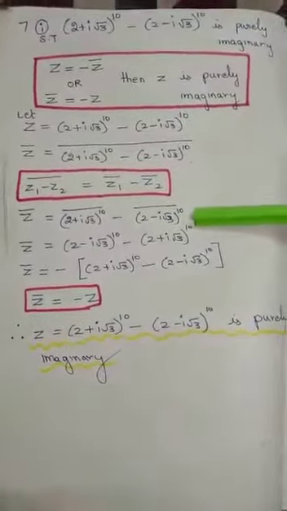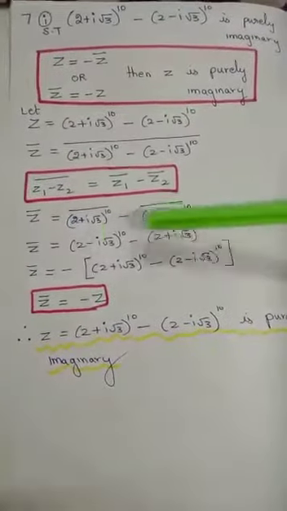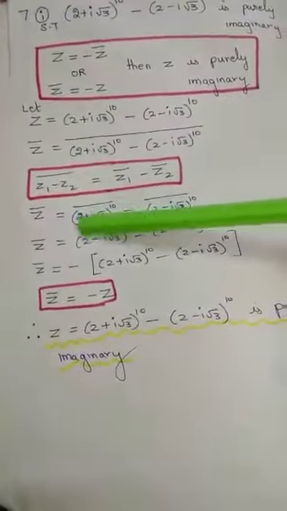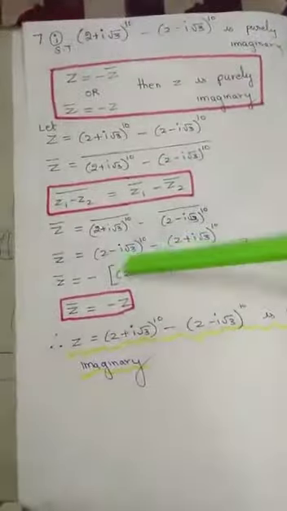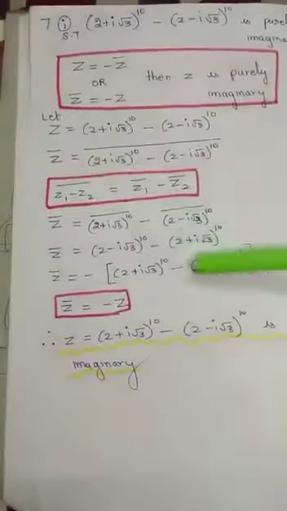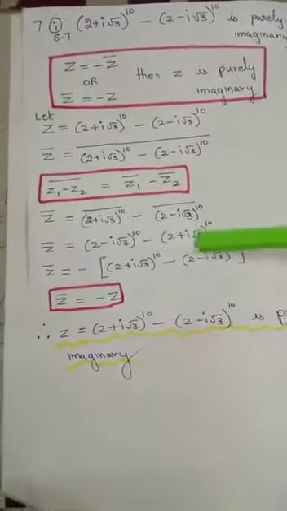Once we split like this, it is easy to take the conjugate. You know conjugate means for an imaginary number you have to change the sign. So instead of plus i√3, I will have minus i√3. In the same manner here, instead of minus i√3, I will have plus i√3.